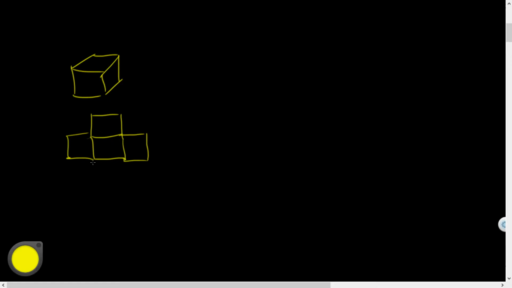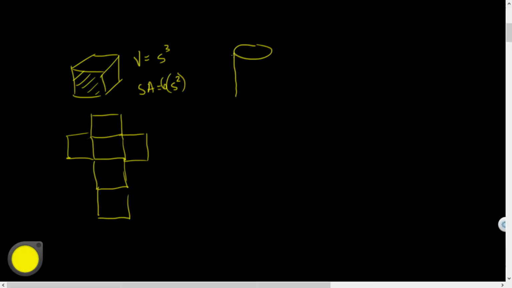Anyways, the volume of a cube is just side length cubed, but the surface area of a cube is the area of one of those sides multiplied by the number of faces: 6 times side squared.